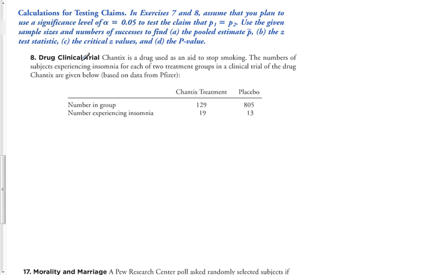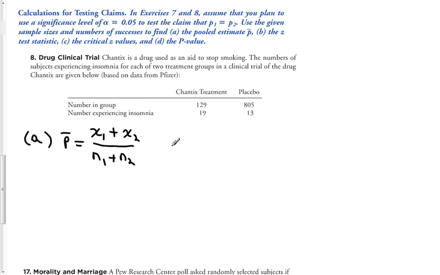All right, so the first thing they want me to find for part A, they want me to do the pooled estimate, P bar. And if you remember from above, P bar was equal to x1 plus x2 over n1 plus n2.